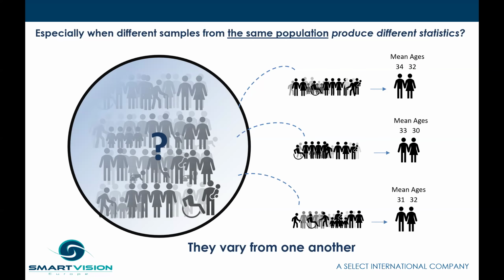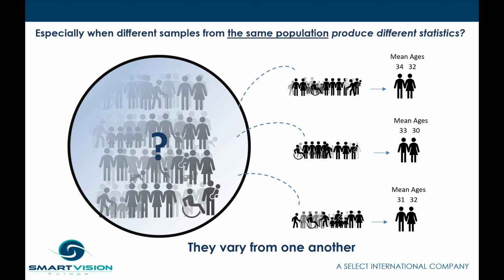So you draw a sample, and you find in one sample the men are on average age 34 and women are aged 32. Take another sample, you find that the difference is different, that men are aged 33 and women are aged 30. Another sample is the opposite way around. It's actually the women are aged on average 32 and the men are aged 31. So samples vary from one to the next. And that's an issue.